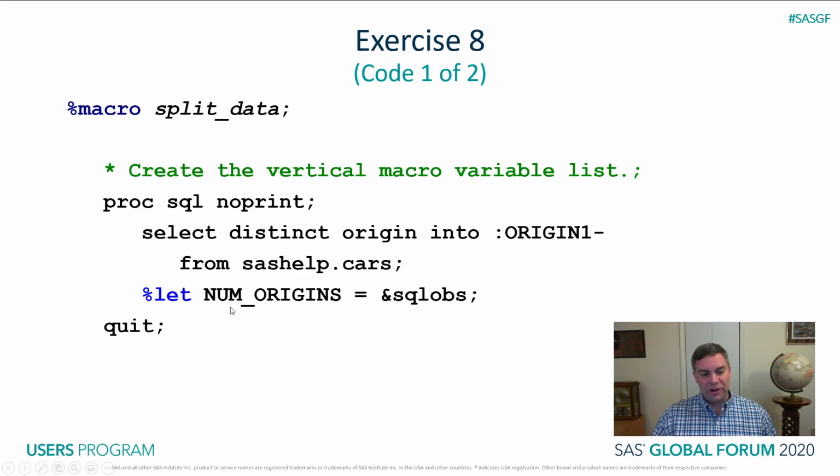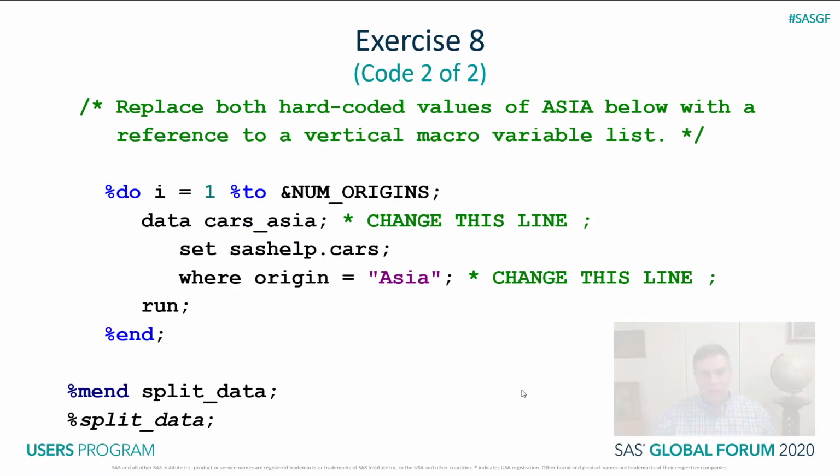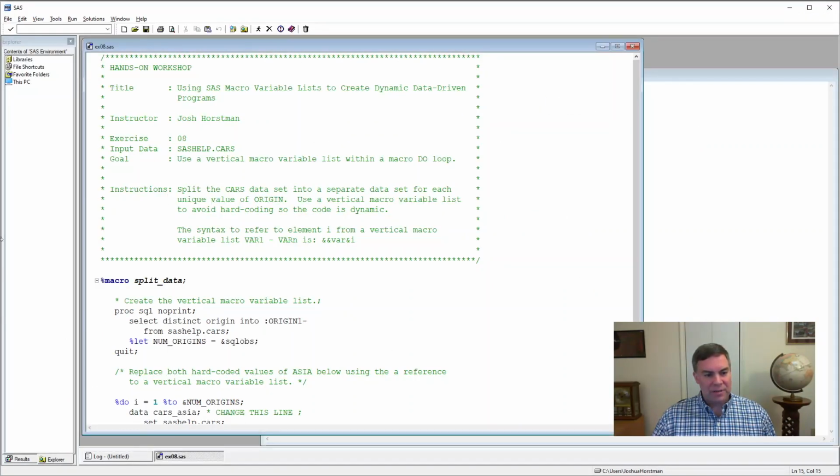And of course, we also create num_origins, which will have a 3 in it, the number of observations that were returned by this query. That's the first page. We continue the macro definition. Our task is to replace these hard-coded values that say Asia with a reference to our vertical macro variable list so that this loop will work and create a separate data set for each origin. Let's go over to our SAS session here and do exercise number 8.